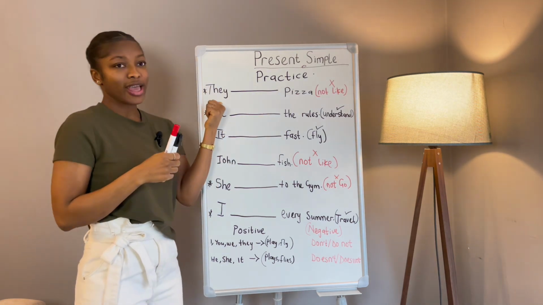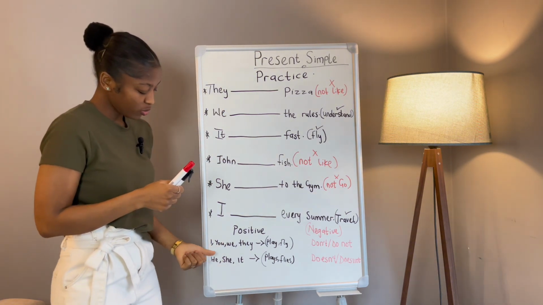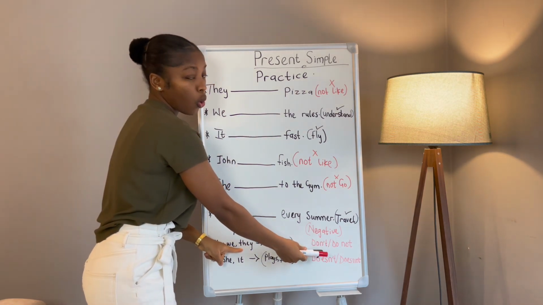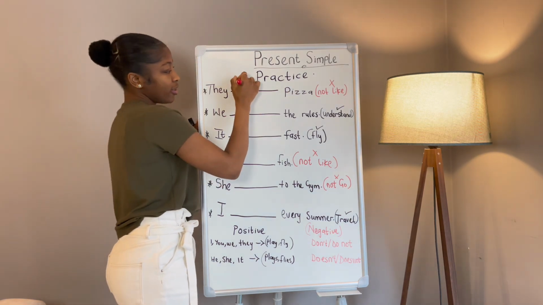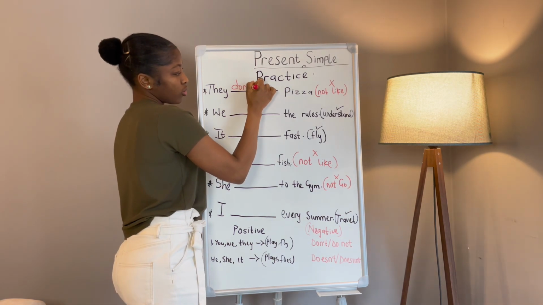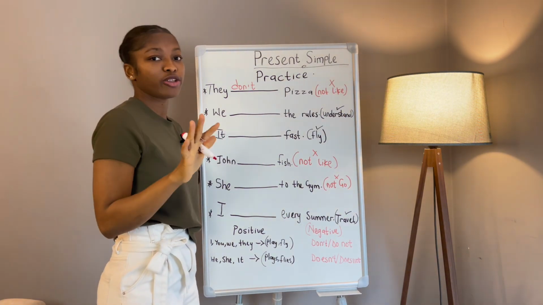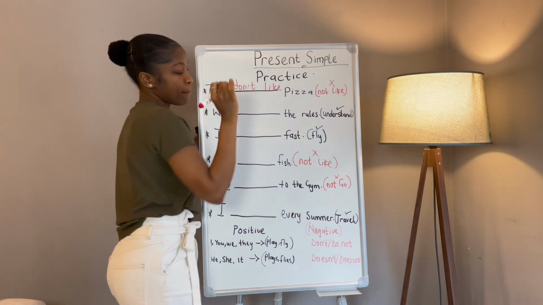Let's go back to the rule. In a sentence, we have they, but in a negative form. We use don't or do not. So in this case, it's going to be they don't. What's the verb? Like. Remember, the verb remains the same. We do not change it. So they don't like pizza.